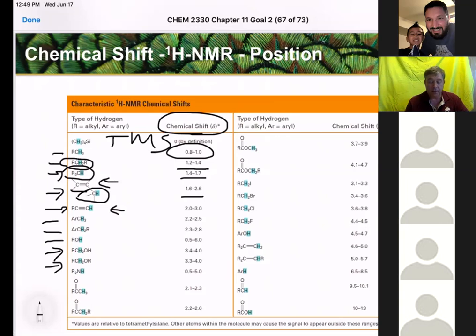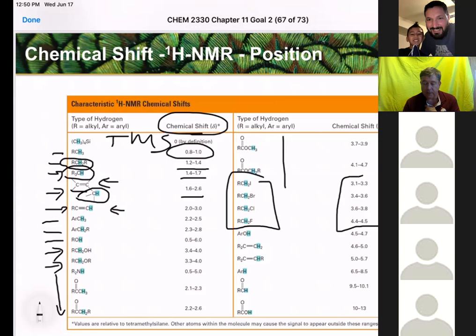Okay, so if you're comparing between 2 things and one has more electron density to it, think that it's going to be higher than the one without the electron density next to it. So as we go up higher and higher, we have double bonds going in, we have double bonds next to oxygens. Now we're looking at things that are bonded near halogens, okay? The things bonded near halogens range from 3 to 5.